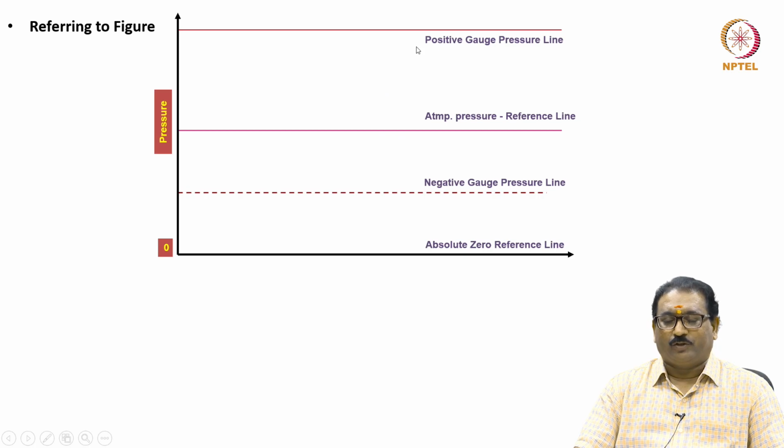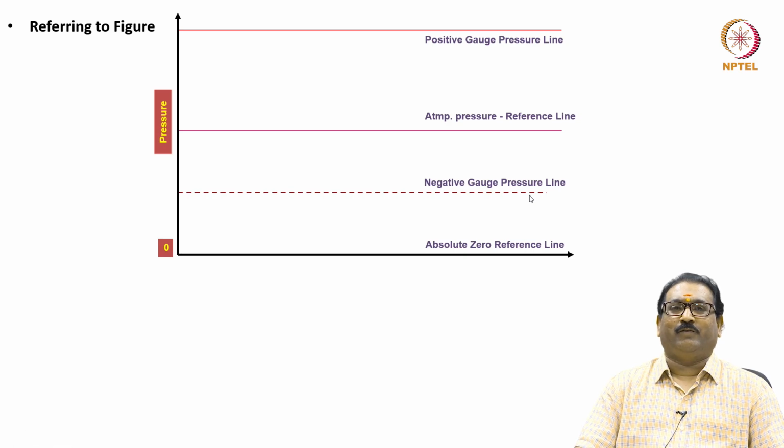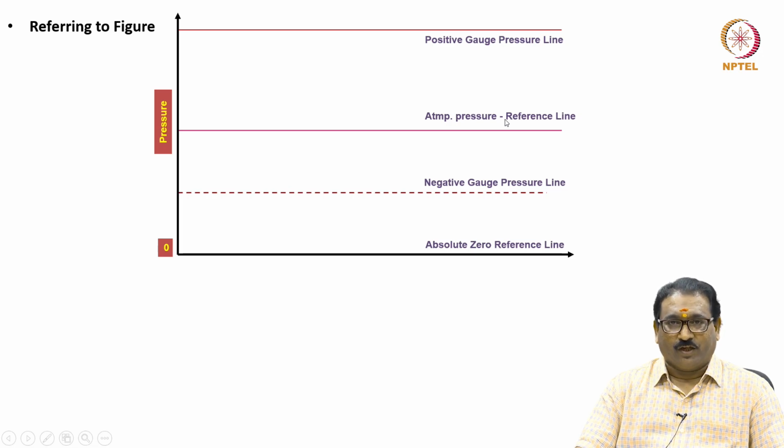Above the atmospheric pressure reference line I have marked the positive gauge pressure line, and below it I have marked the negative gauge pressure line. Always remember, friends, pressures are generally specified with respect to the atmospheric pressure reference line, which is generally 1 bar, or the absolute zero reference line.